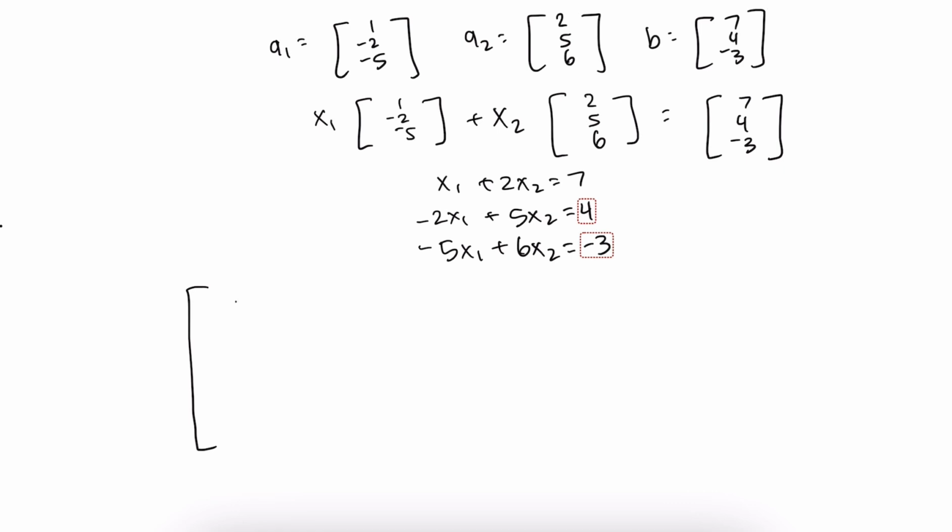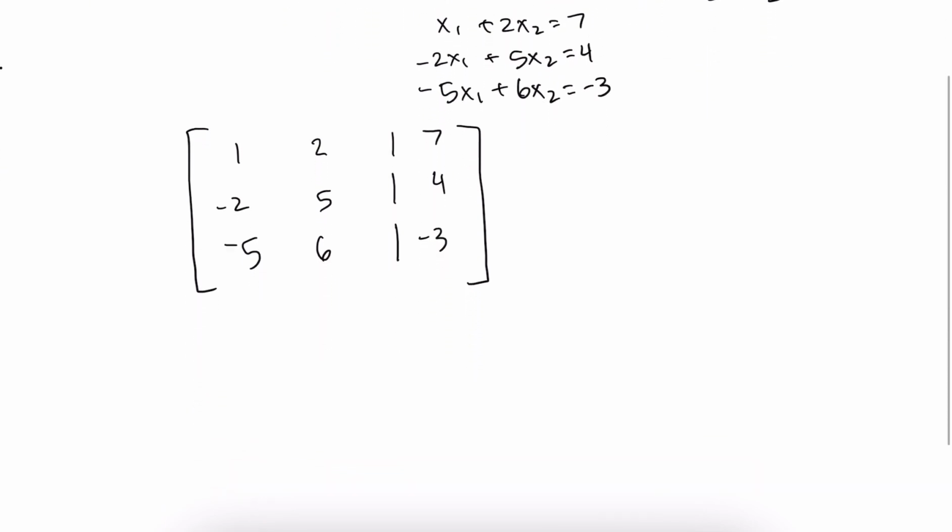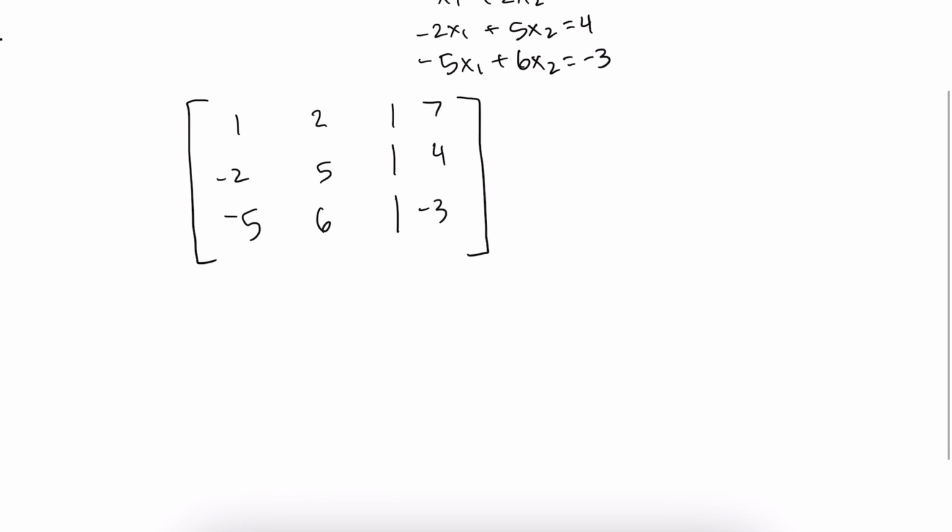So we're going to have 1, negative 2, negative 5, and then 2, 5, 6, and then on the right-hand side we're going to use the dashes or a line to separate it, and we have 7, 4, negative 3. So we're going to try to write this into reduced row echelon form to solve for our unknowns, which are x1 and x2. So why don't we get started?